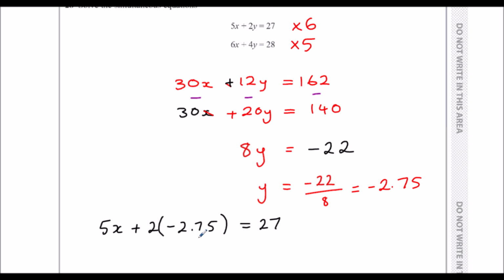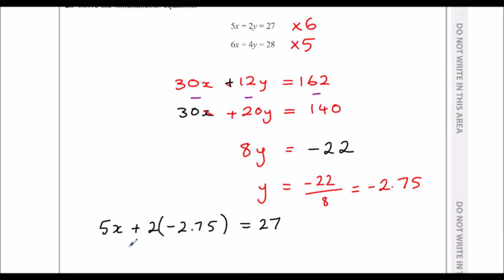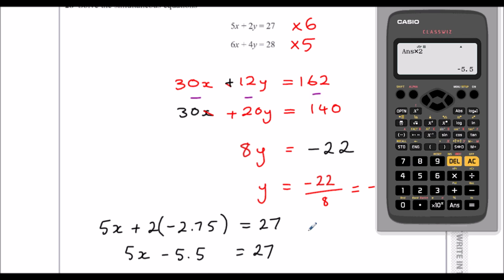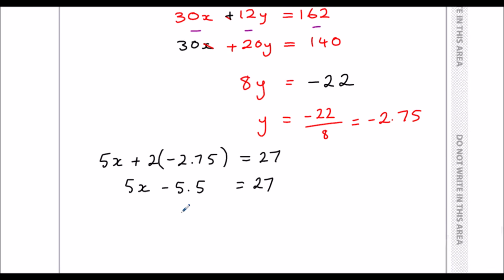2 times minus 2.75 is minus 5.5. So 5x minus 5.5 equals 27. I want x by itself, so I'm going to add 5.5 to both sides, which gets me to 32.5. So 5x equals 32.5.